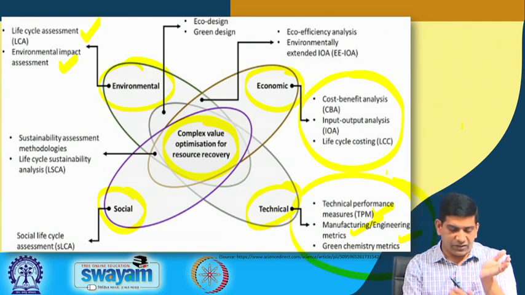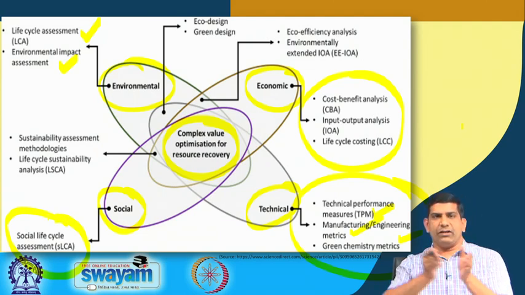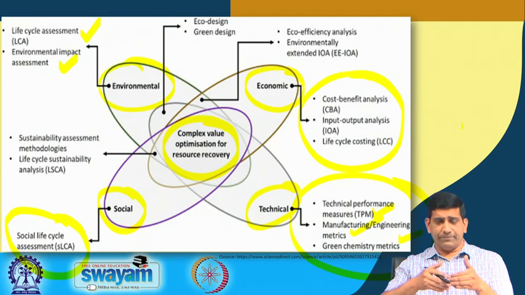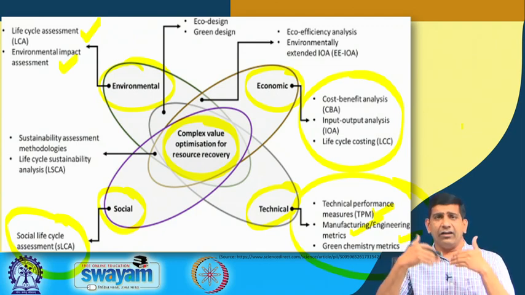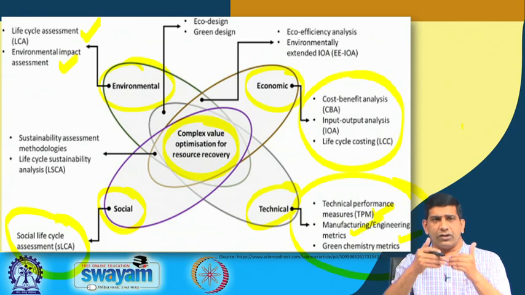Finally, for the social aspect, there is social life cycle assessment, which has been developed by UNEP and came in very recently, a few years back. We are still learning how to do social LCA, which is a little bit different. The concept is a bit different, and we have to really learn and start using it.